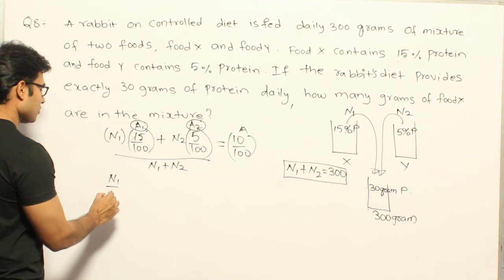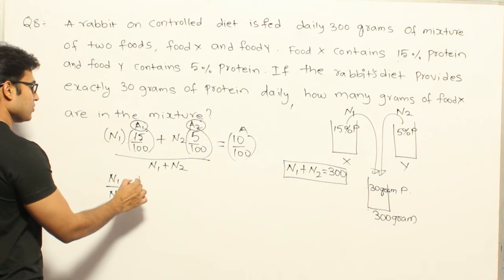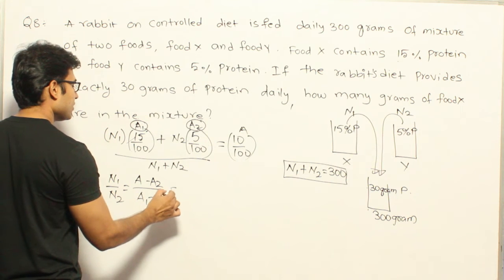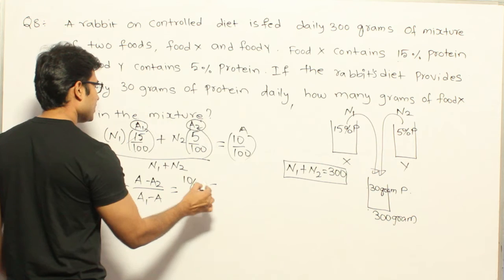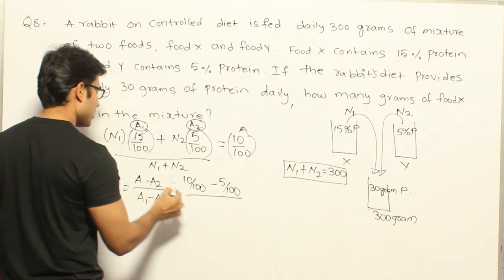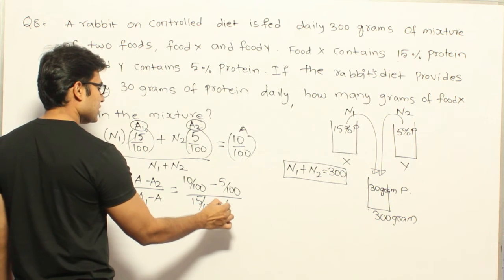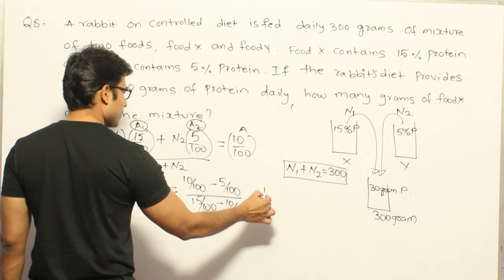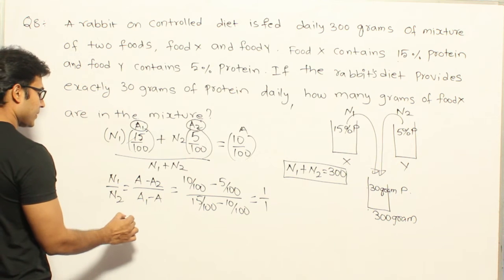So N1 by N2, if you just cross multiply and apply the simplifications, is equal to A minus A2 divided by A1 minus A. Now what is A minus A2? 10 by 100 minus A2, which is 5 by 100, divided by A1 minus A. What is A1? 15 by 100 minus A, which is 10 by 100, right? So what is it? 5 by 5 is 1 by 1, which means 1 is to 1. So from this you get N1 is equal to N2, right?